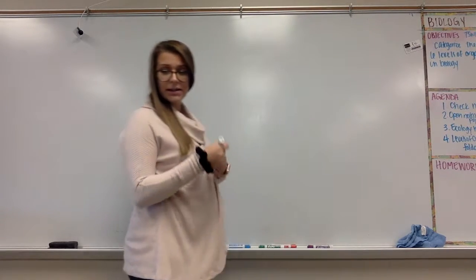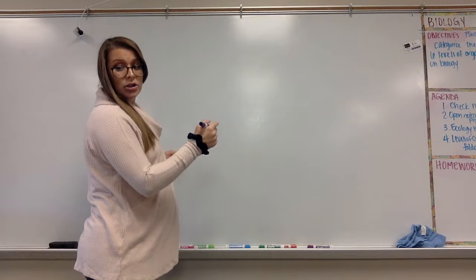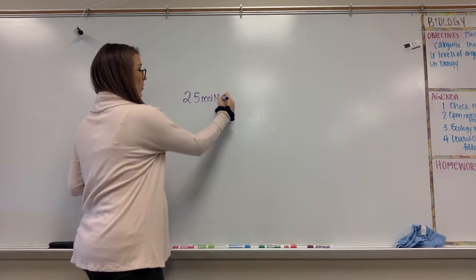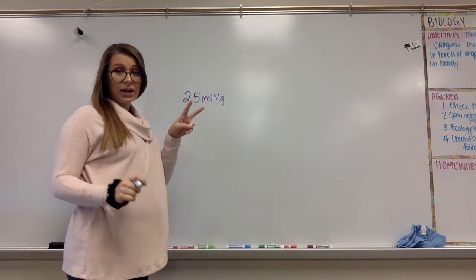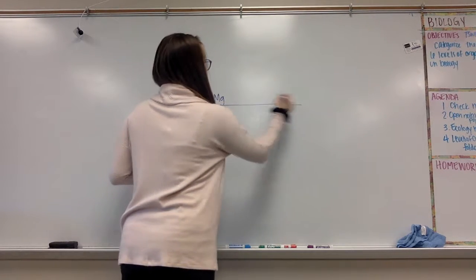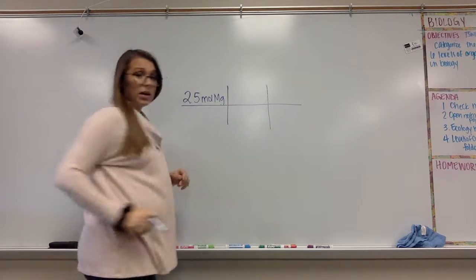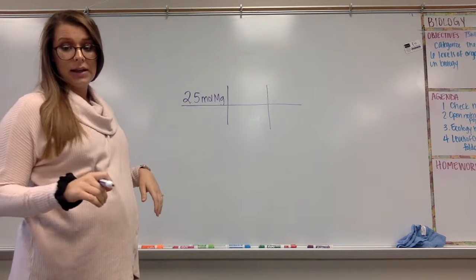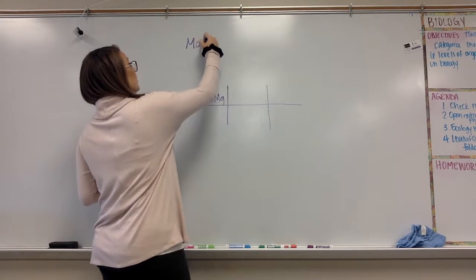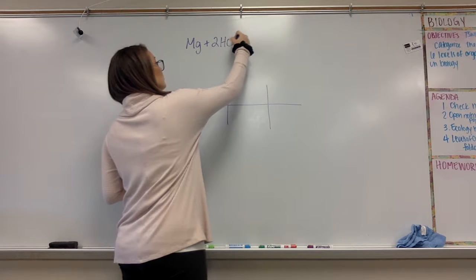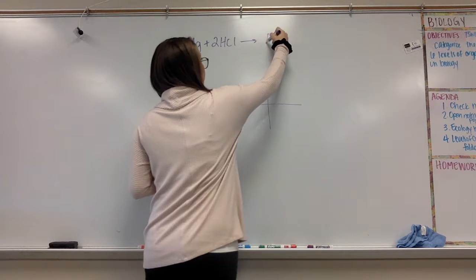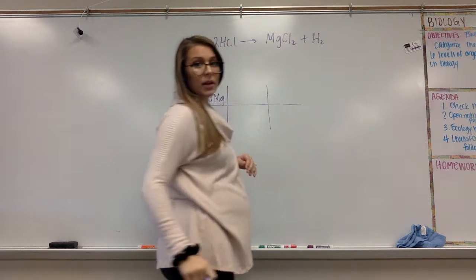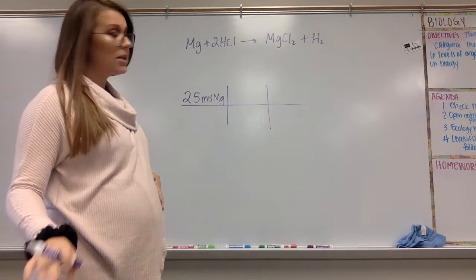So we're going to take 2.5 moles of magnesium. And we know, again, that we have a two-step problem. So we're going to already set up our train tracks to have two steps in them. Now, let me write this above. Okay, there's our reaction.